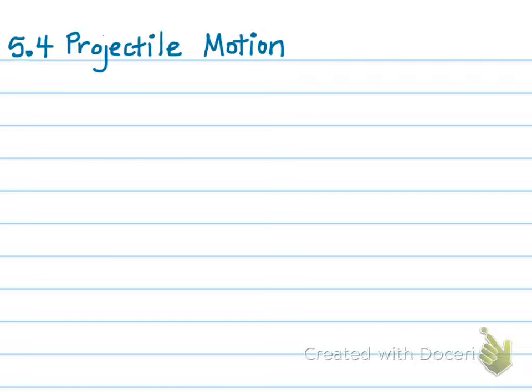So again, why do we talk about that? Well, because that's going to be important as we start to talk about projectile motion. When we have an object moving through the air, there's both a vertical and a horizontal component to its velocity. We're going to start with the definition of what a projectile is.